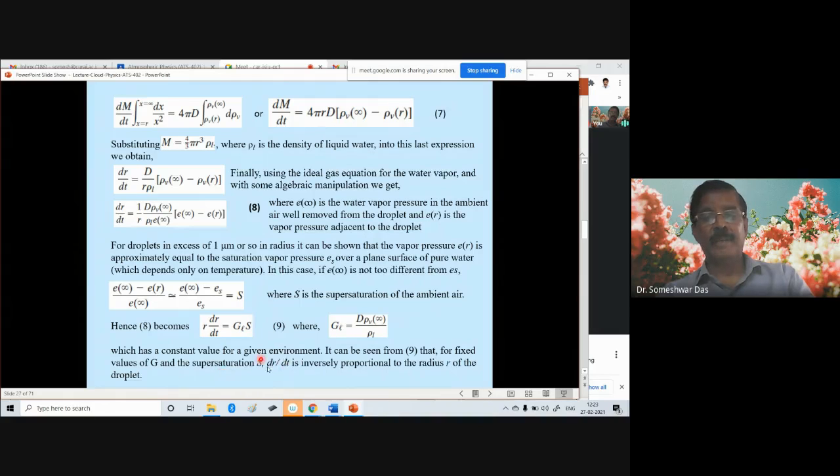That means the larger the droplet radius, the smaller the dr by dt; the smaller the radius, the larger the dr by dt. That means smaller droplets are quickly rising in size because of the supersaturation existing around them.